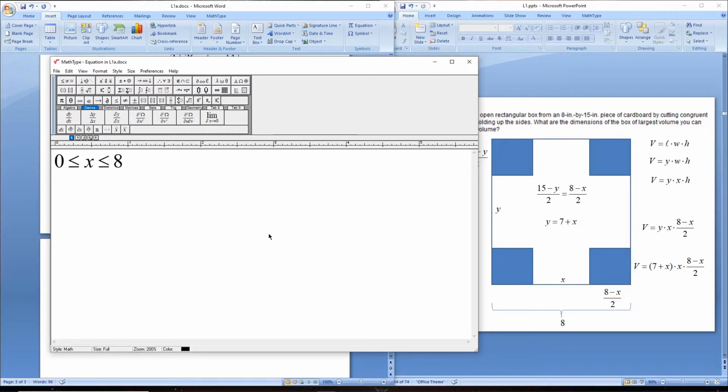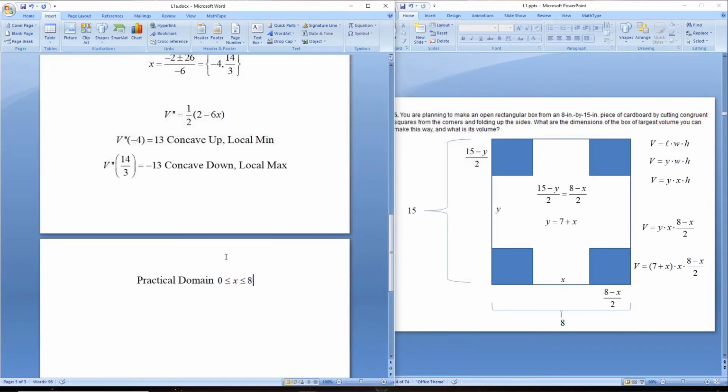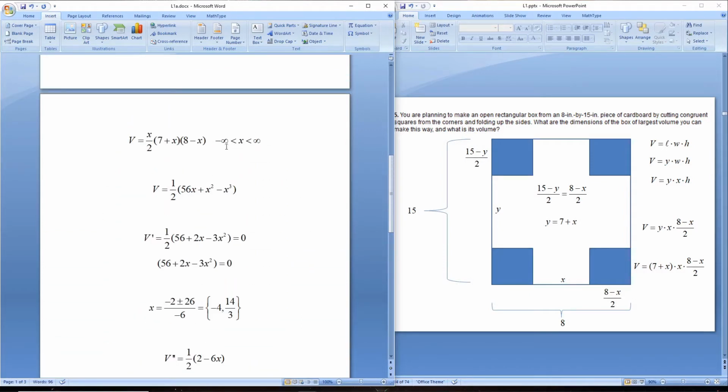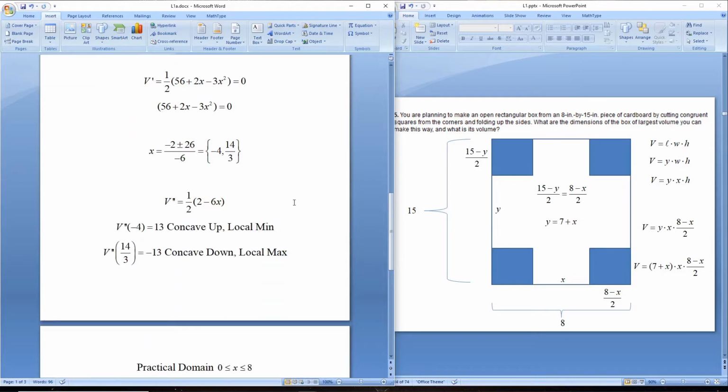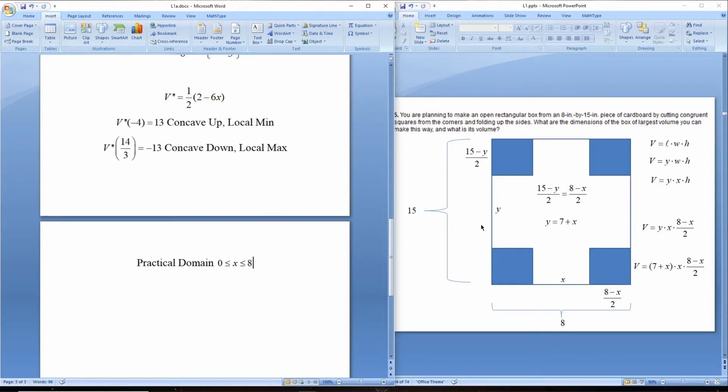And so realistically, reality and math are breaking down at 0 and 8 here. And so that's our practical domain. So remember, our mathematical domain is all real numbers. But the numbers that make sense for our problem are really only between 0 and 8.